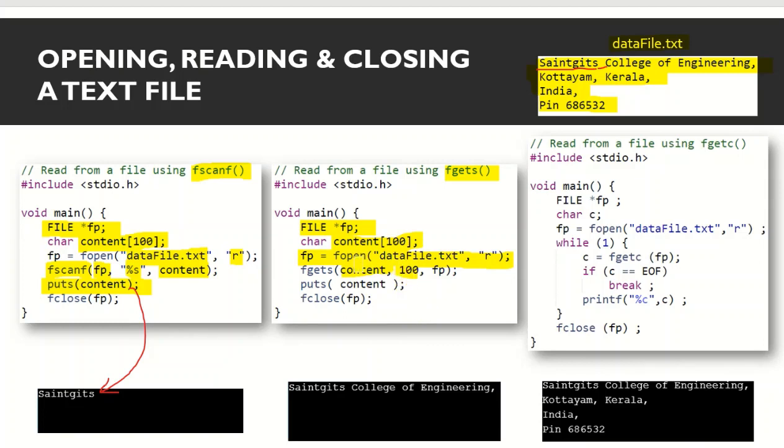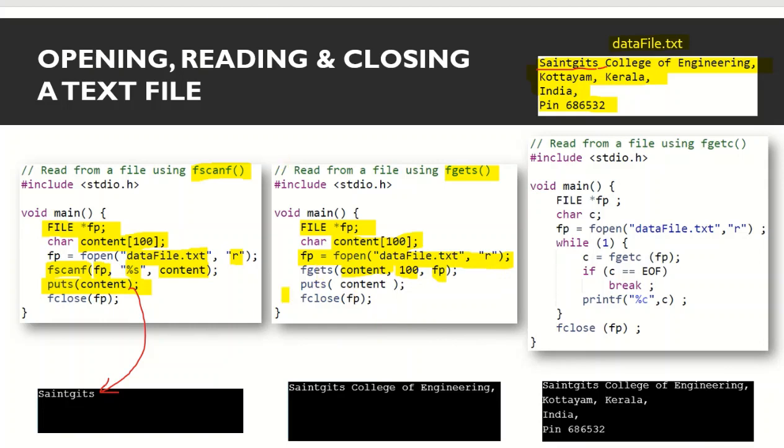That is, if content can hold 100 values, the value that it reads from the file can be up to 100. So we can specify any value based upon our requirement, up to 100. In this particular case, 100. Next, the file pointer, the pointer which points to our data file.